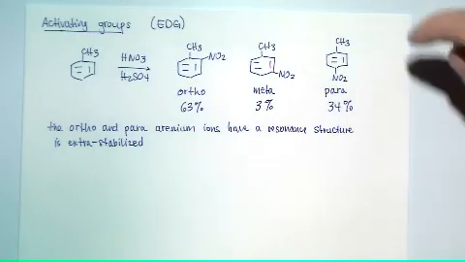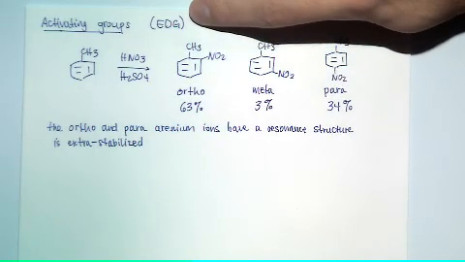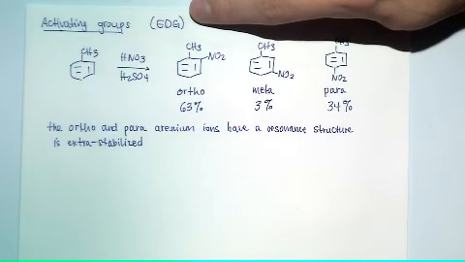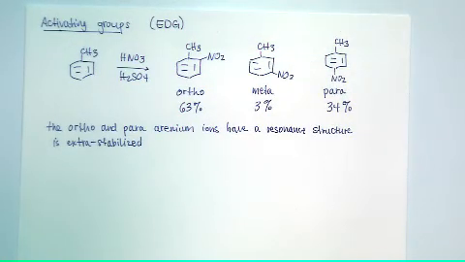And because the methyl group is an electron donating group, that increases the stability of that resonance structure, and so those resonance structures are more likely to react.